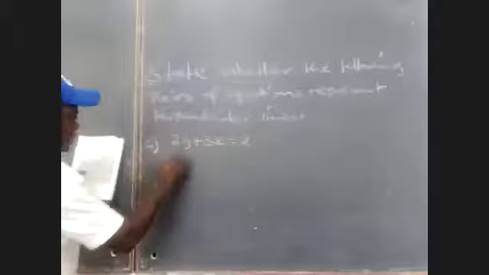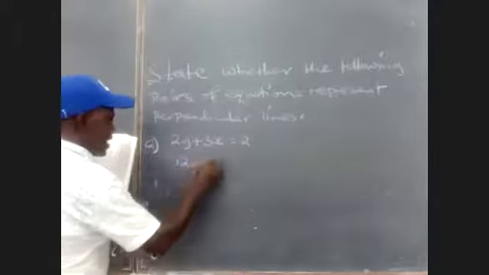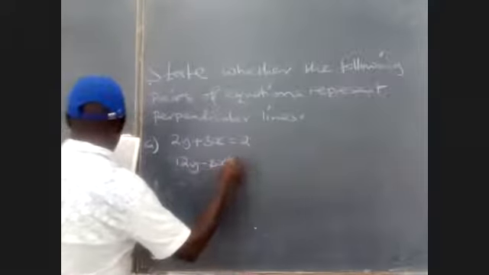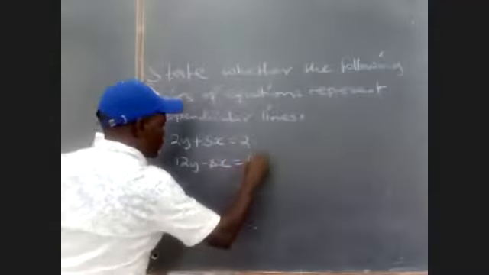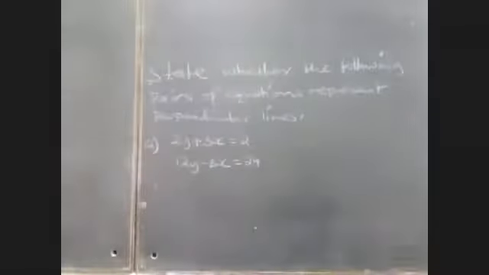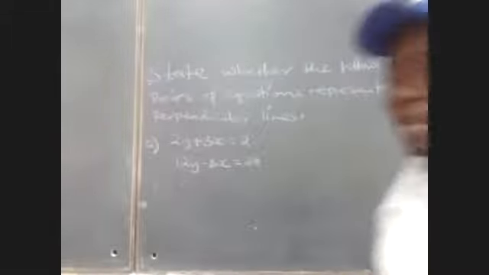And the second equation is 12y minus 8x is equal to 24. 12y minus 8x is equal to 24. So I have that first part A. State whether the following pairs, this is the first pair of equations, represent perpendicular lines.